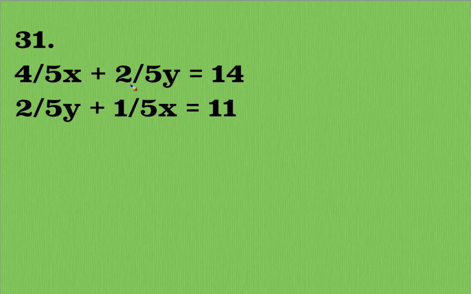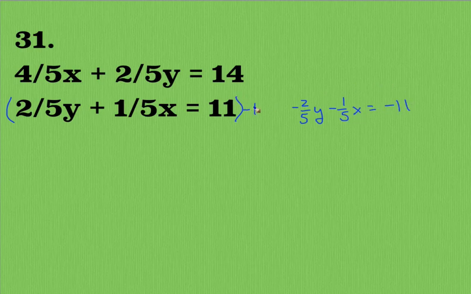Here I have my variable y. Both of these variables have an attached 2/5. So I'm going to get rid of one of these two. And like the previous problem, I can multiply this one by a negative or this one by a negative. Let me just multiply the bottom one by a negative 1. So my new equation is going to be negative 2/5 y minus 1/5 x equals negative 11, right?